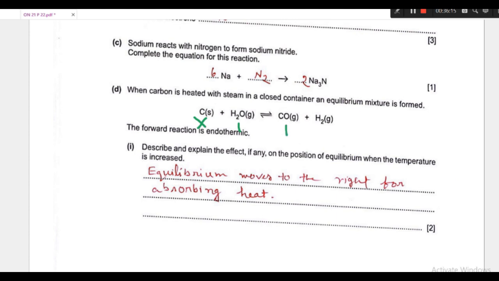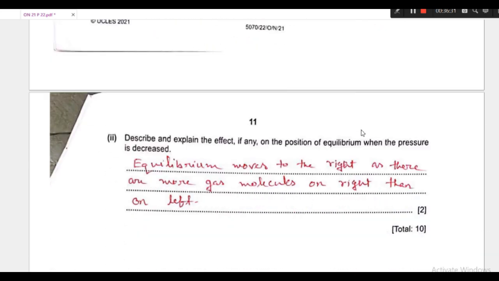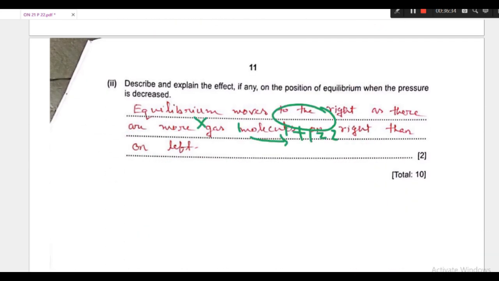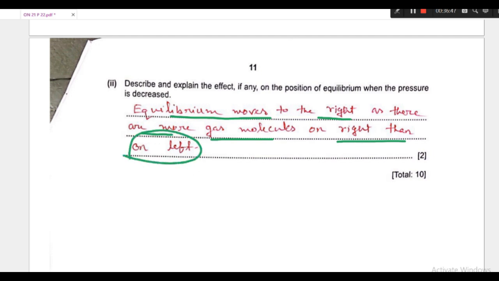Left side 1 mole, right side 1 plus 1, 2 moles. So the right, product side has the greater number of moles. So if you decrease pressure, equilibrium will move from left to right. Now see the answer. Equilibrium moves to the right as there are more gaseous molecules on the right hand side than on the left.